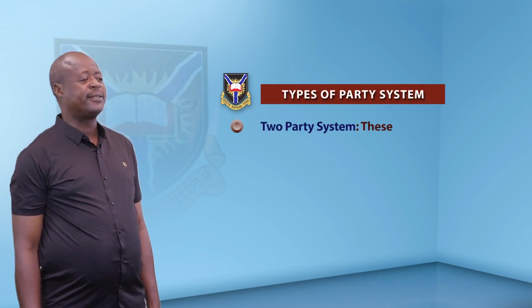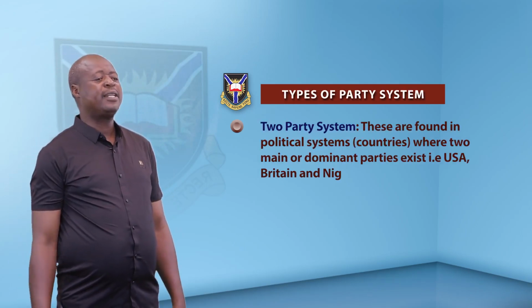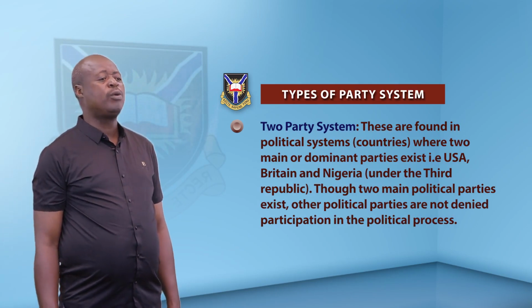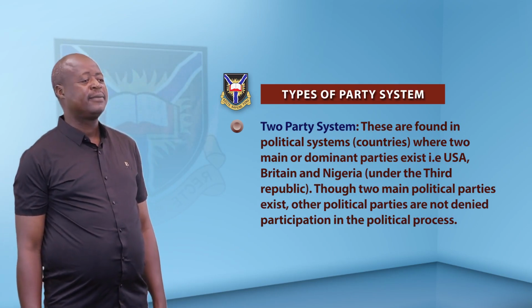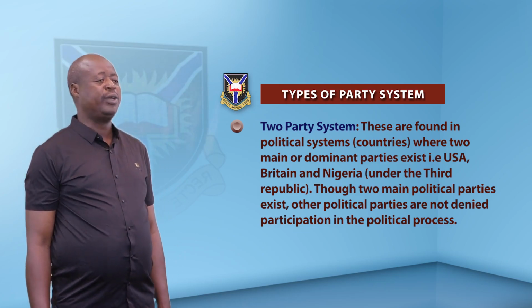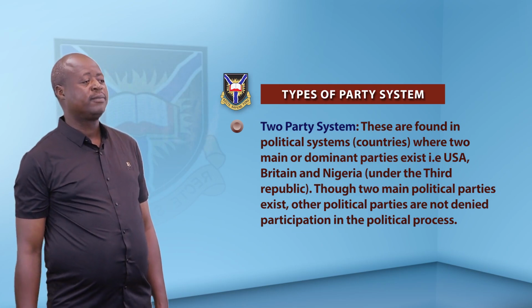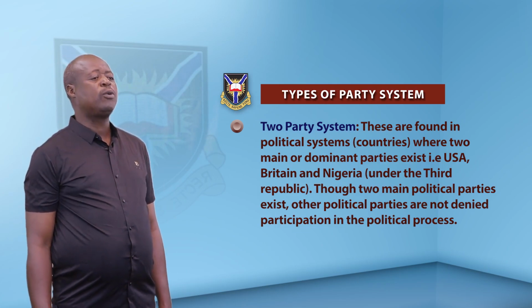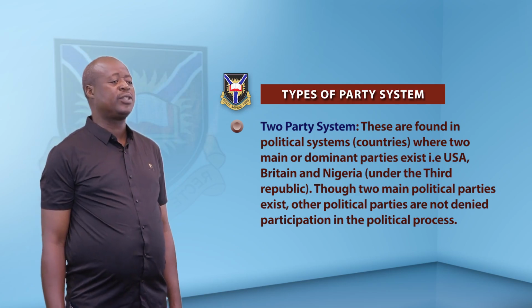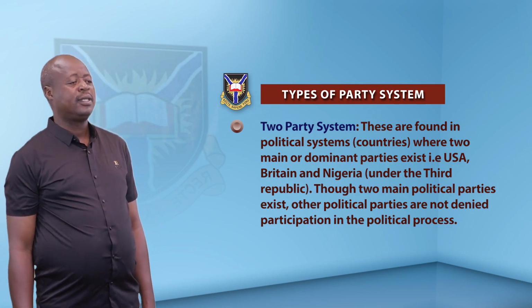Then we have two-party system. These are found in political systems or countries where two main or dominant parties exist. For example, in the USA, Britain, and Nigeria under the Third Republic. Though two main political parties exist, other political parties are not denied participation in the political process.